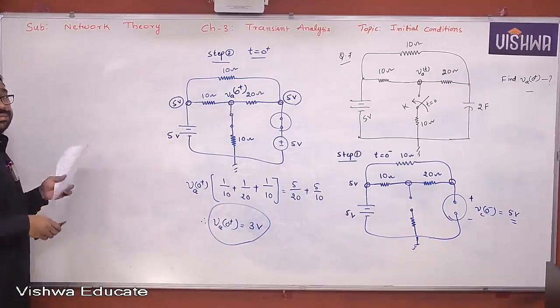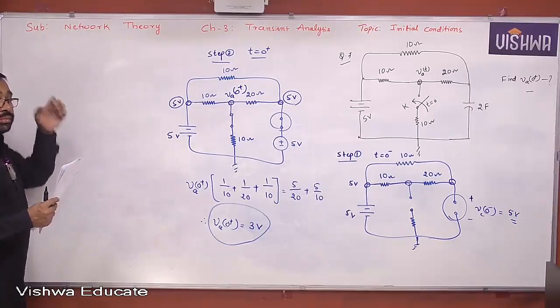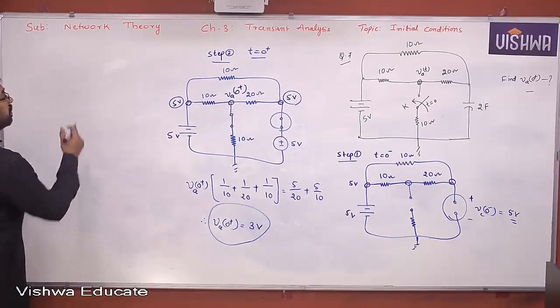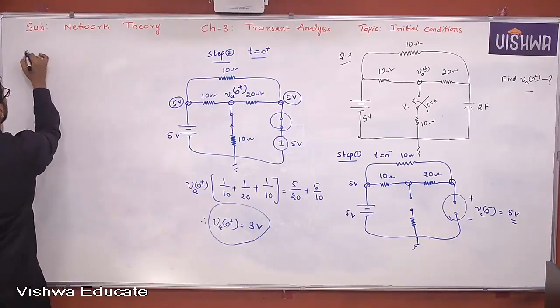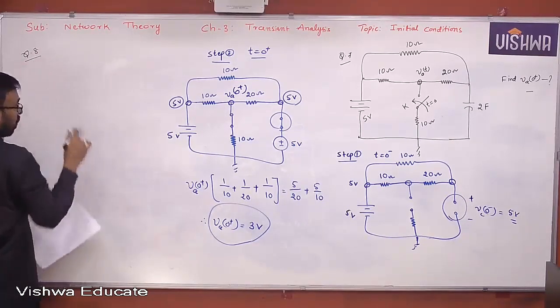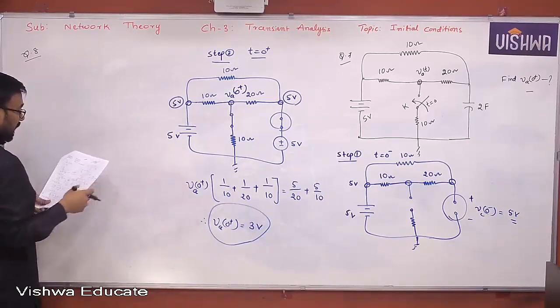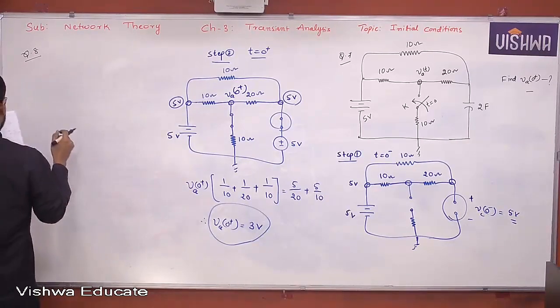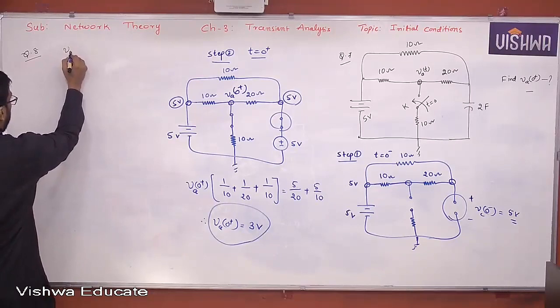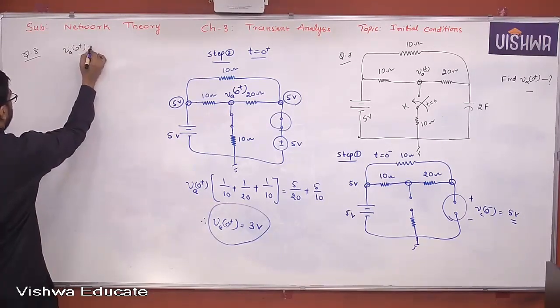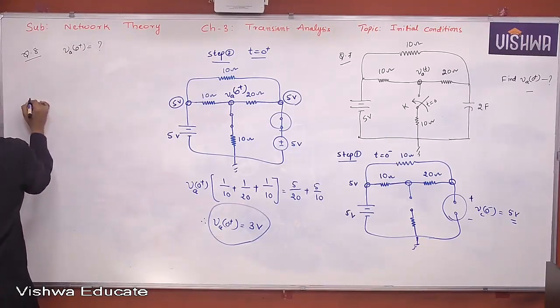Question number 7 is over, and question number 8. I'm just noting down the problem. Meanwhile, you please complete that. Same problem with the capacitor replaced by an inductor. Let us see what will happen.